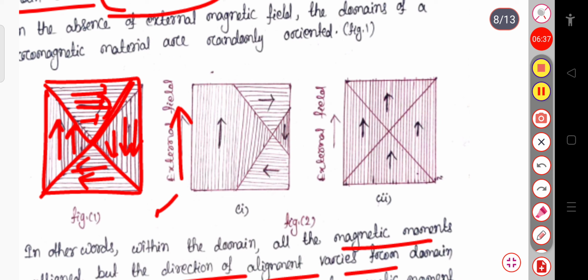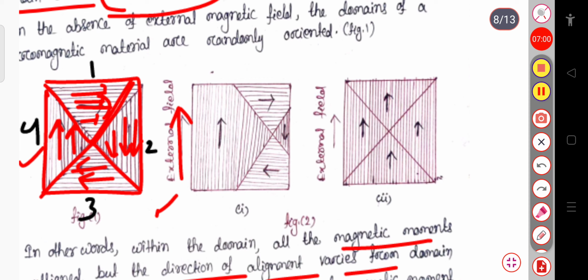Now, in the first diagram you can see four domains, that is 1, 2, 3, 4. Let me change the color so that you can follow. This is one domain, this one is second, this one is third, and this one is the fourth domain. In the first domain the alignment is in this direction, but we have applied the external magnetic field in the upward direction.